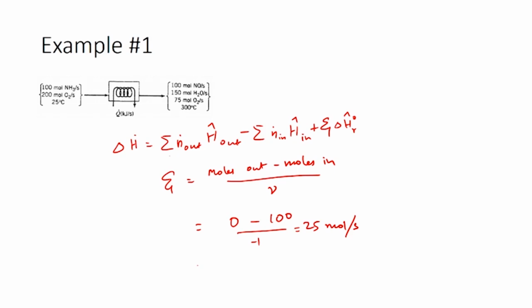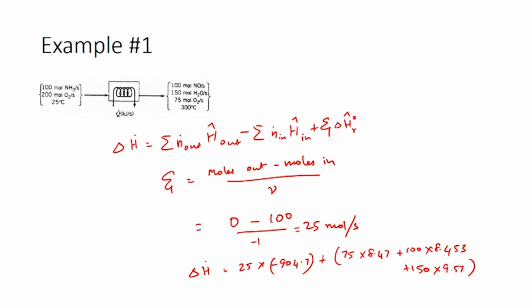So, you can substitute these values here and you would be able to calculate delta H dot as 25 times minus 904.7, which is basically xi times delta HR degree, plus 75 times 8.47 plus 100 times 8.453 plus 150 times 9.57, and the other two terms are going to 0.